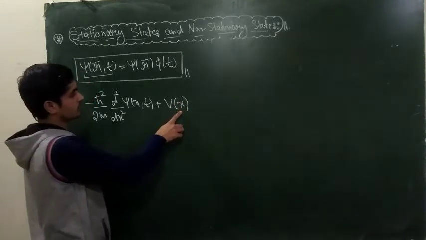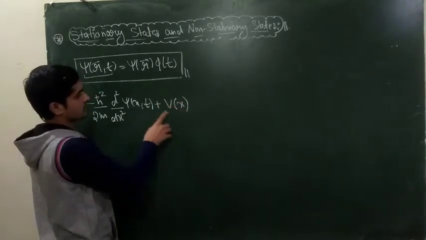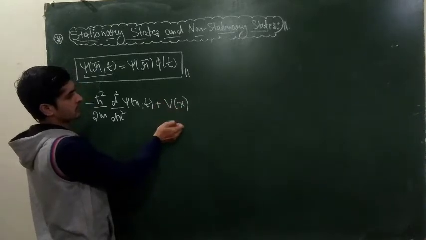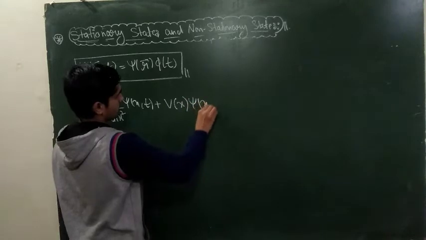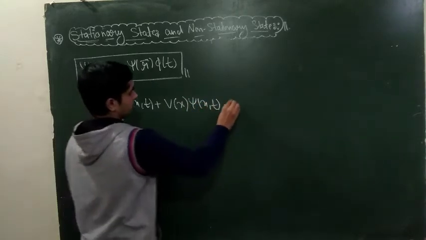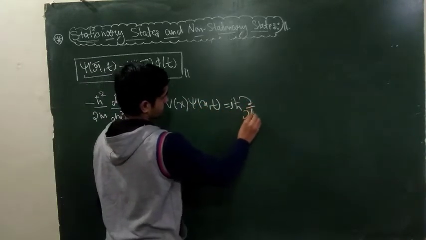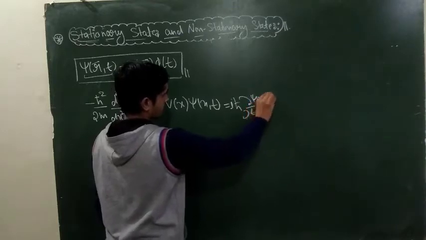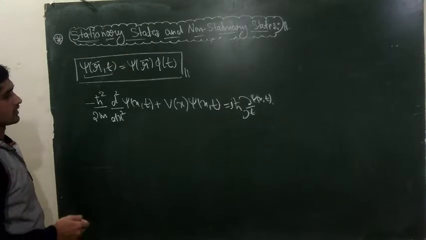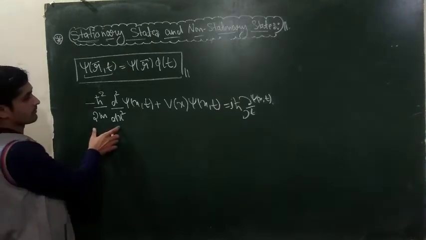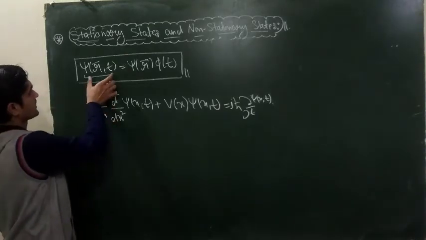It is not a function of time, and we are dealing only with problems where the potential is not changing with time. So this is the time-dependent Schrodinger equation, which you need to solve to get this particular state.